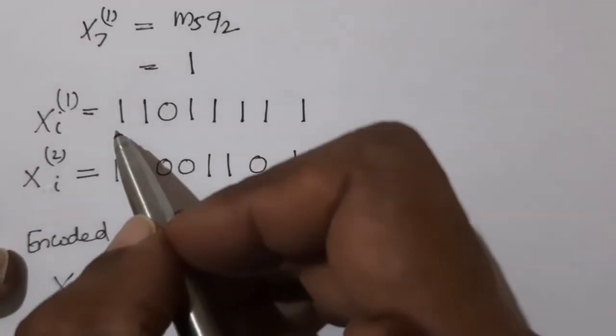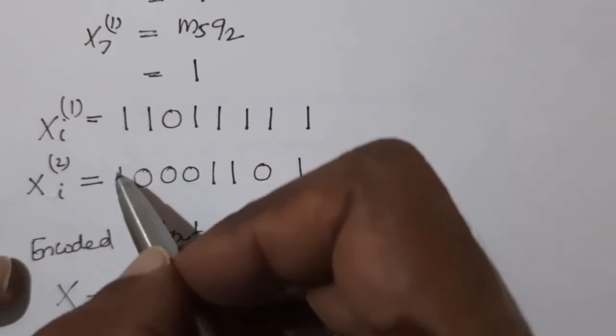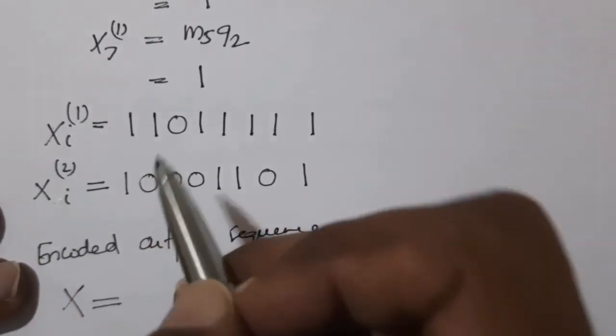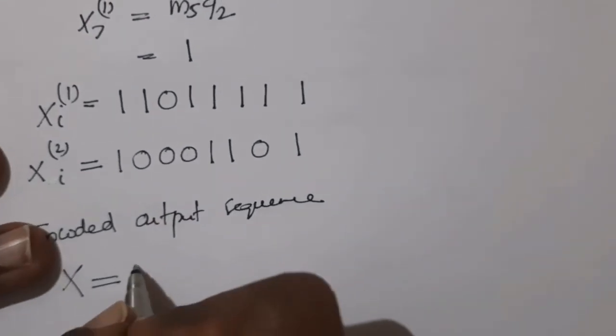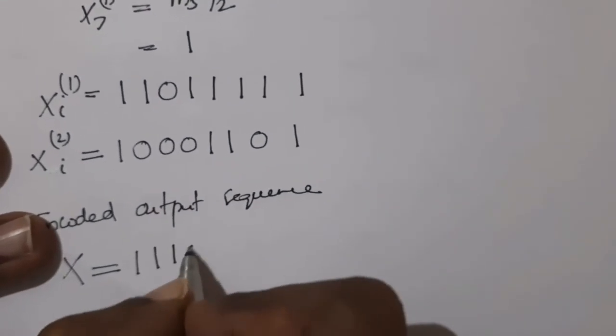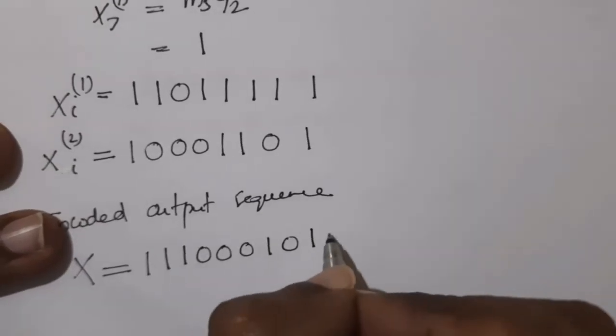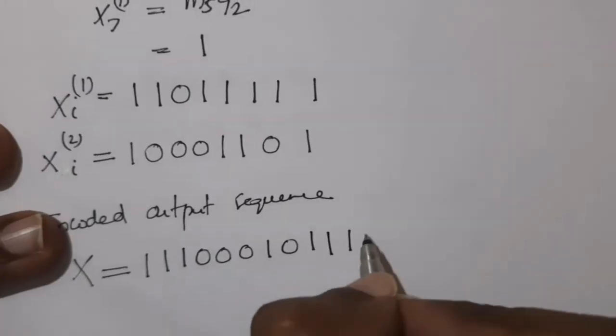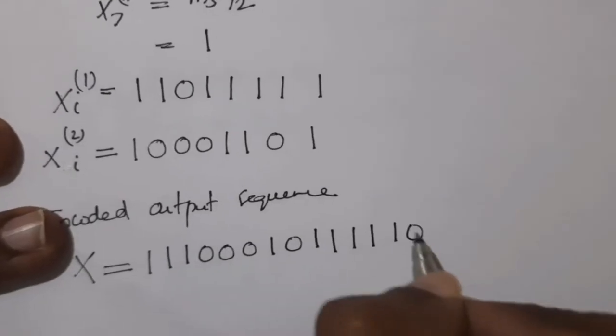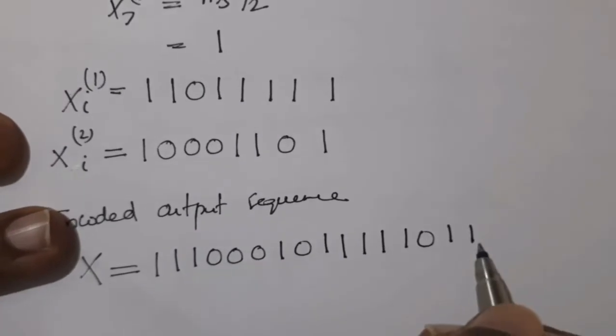So first the commutator switch goes to the upper stage, then lower stage, then upper stage, lower stage, like that. So you will get it as 1, 1, 1, 0, 0, 0, 1, 0, 1, 1, 1, 1, 1, 0, 1, 1.